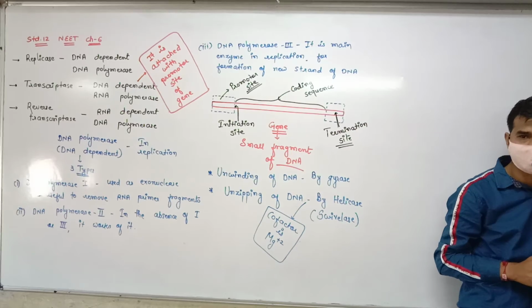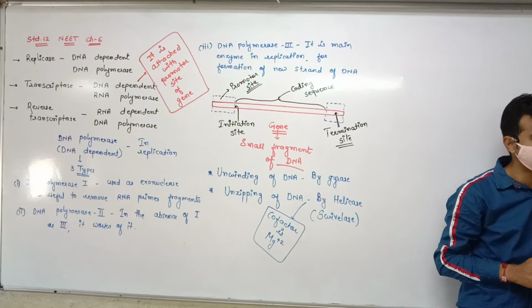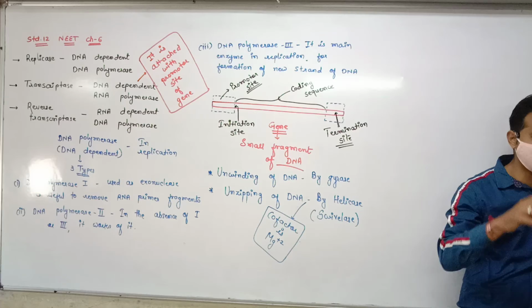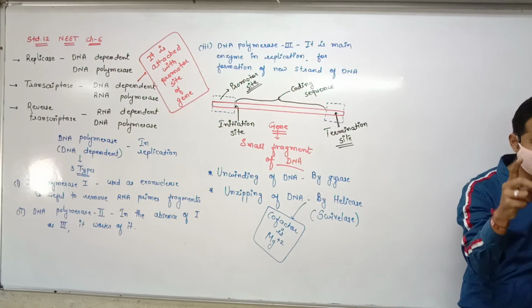But replication always starts from the 3' end of the template chain. Please remember, on the replication fork, from the 3' end of the template chain DNA replication always starts.